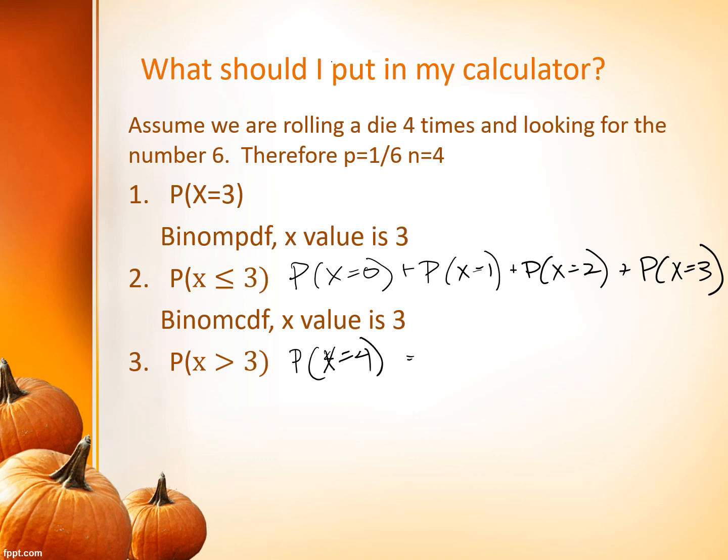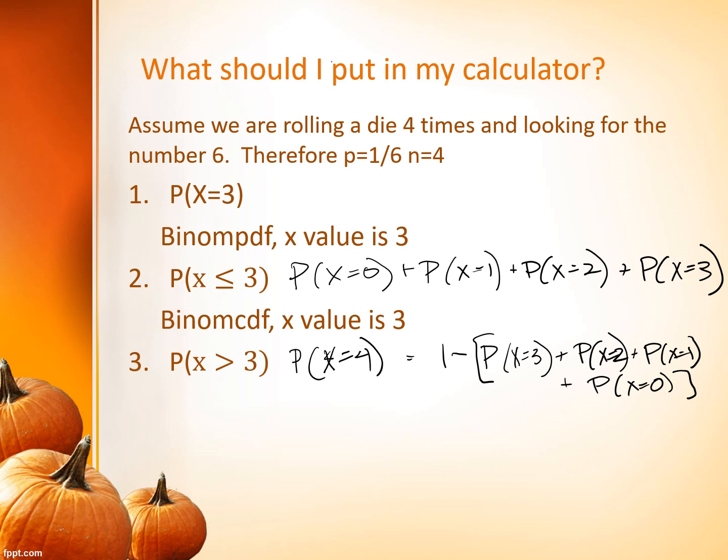I could write that as 1 minus the probability of all the other things: the probability that X equals 3, X equals 2, X equals 1, plus the probability that X equals 0. I could find all those probabilities, add them together, and then take 1 minus that. That would give me the probability that it's greater than 3.